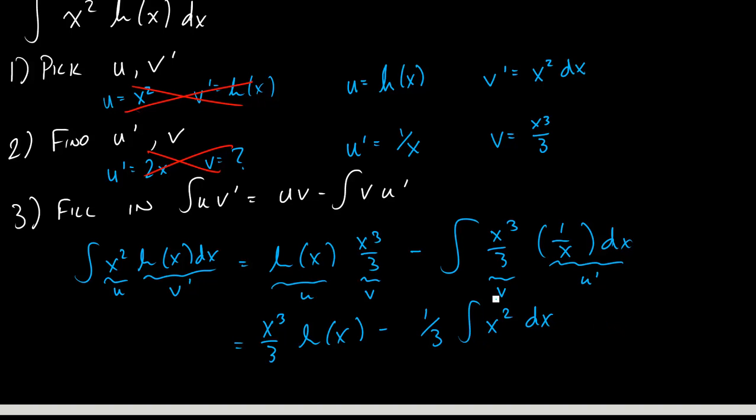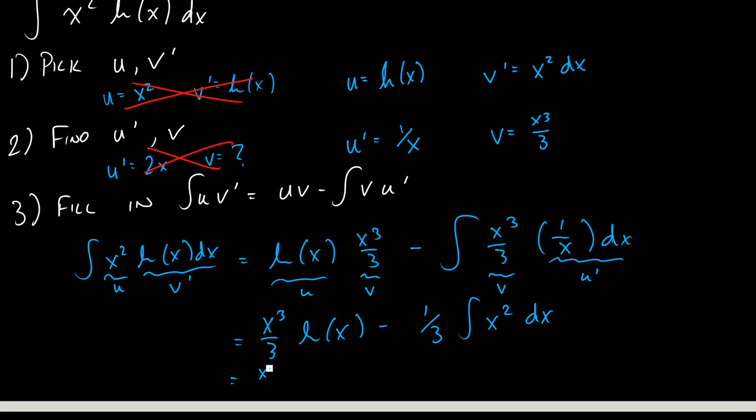So I just end up with this integral that's actually really easy to work with. My final answer here is going to be x cubed over 3 ln of x minus 1/3 x cubed over 3 plus c. And this is really going to be minus x cubed over 9.